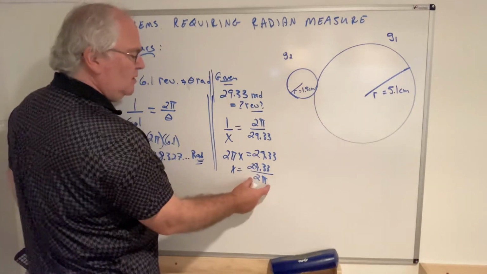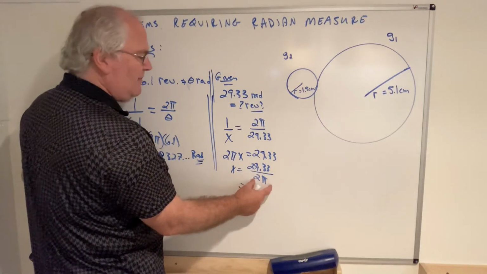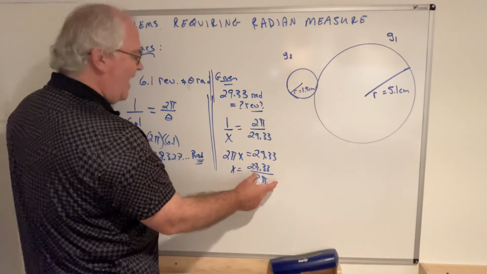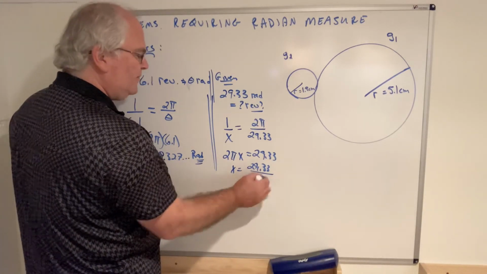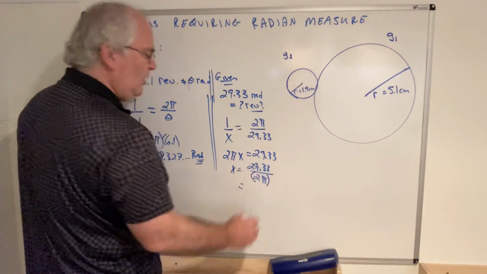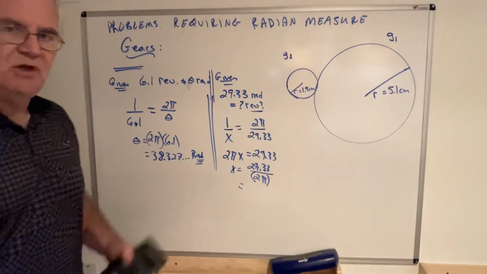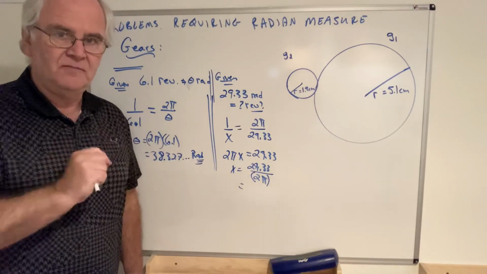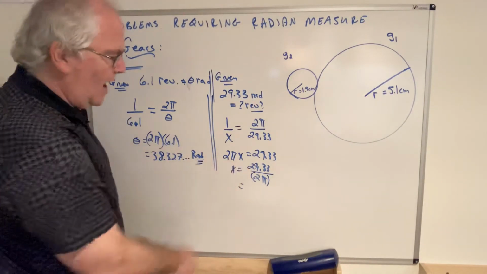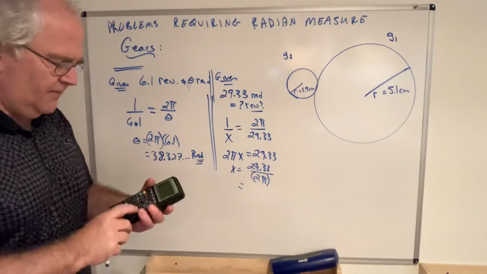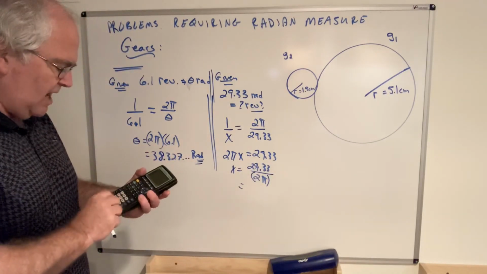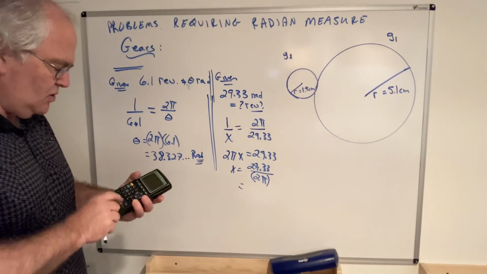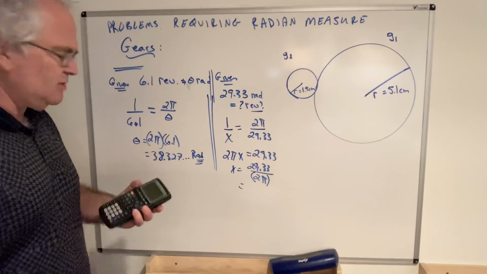Whenever you have multiple factors in the denominator, in fact, anytime the denominator is anything other than a single number, you should put parentheses around it. If you don't know how to use parentheses on your calculator, you need to learn. And so what you can do now is just type this in as it's given, and it's going to be fine. 29.33 divided by, open parenthesis, 2 times pi, close parenthesis.